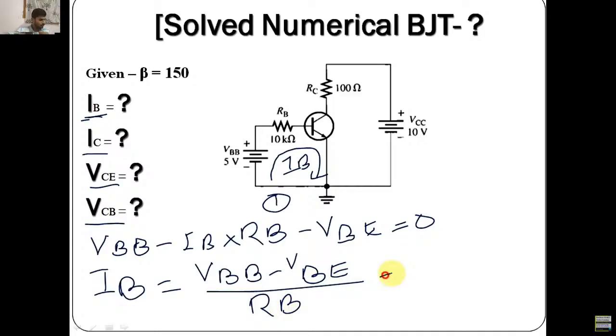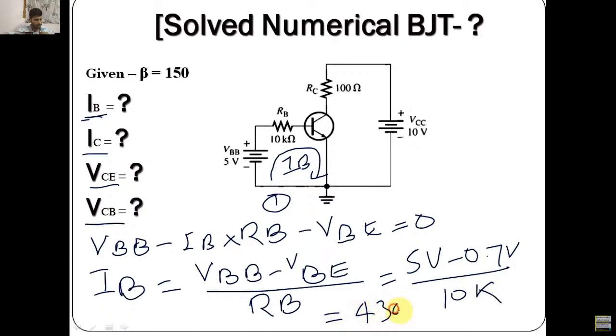Okay, so you have the value of VBB, which is 5 volt, minus 0.7 volt, and divide by 10k. And if you solve this, you will find the value of IB equals to 430 microampere. So let me write the value of IB here, right?